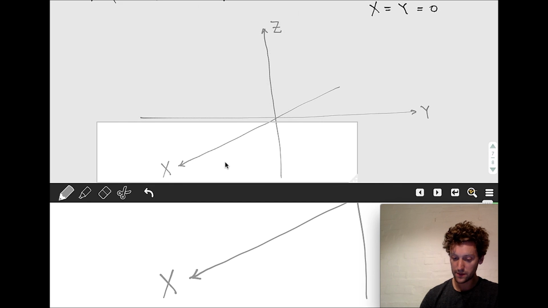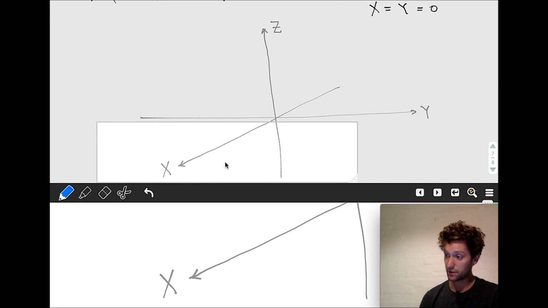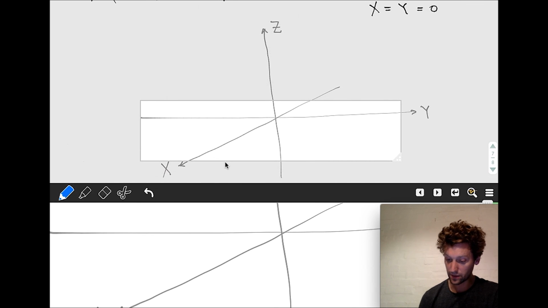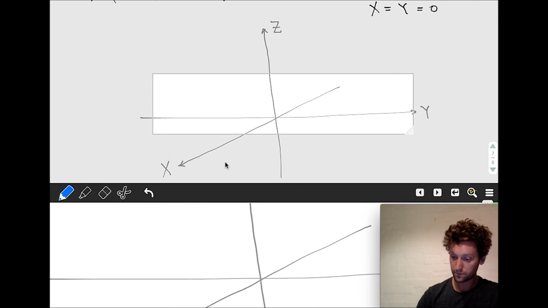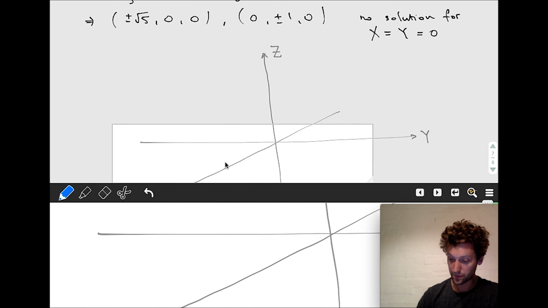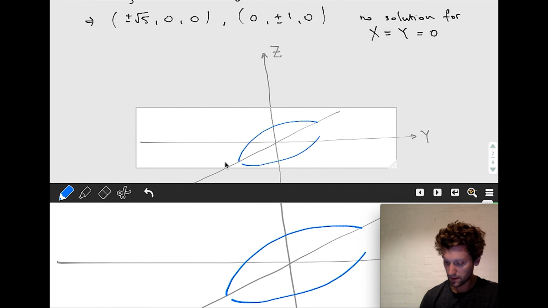I know that this thing doesn't touch the big x-axis, but it does touch the x and y axes, and it crosses the points x is equal to plus or minus root 5, excuse me, and y is equal to plus or minus 1.